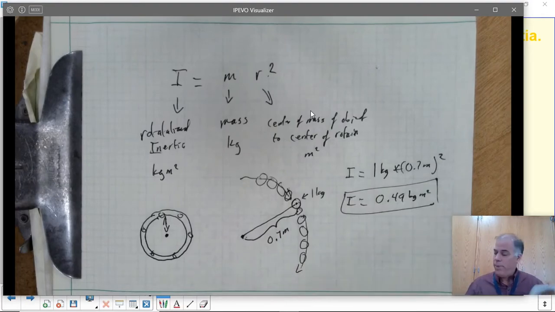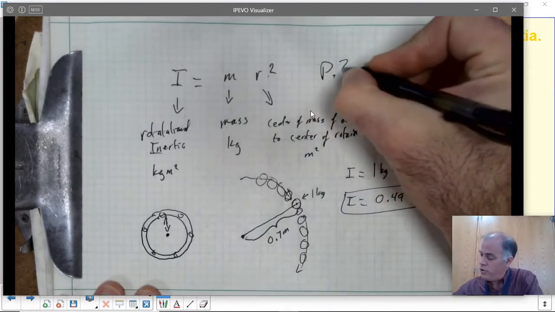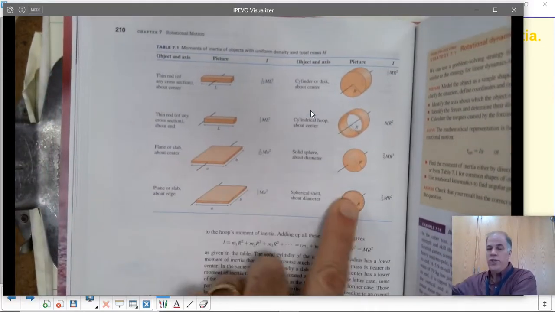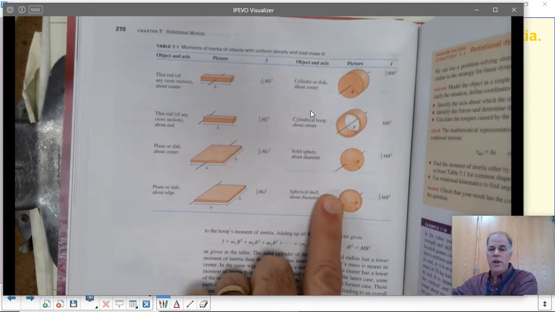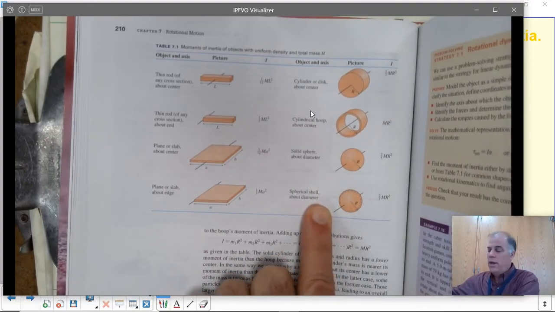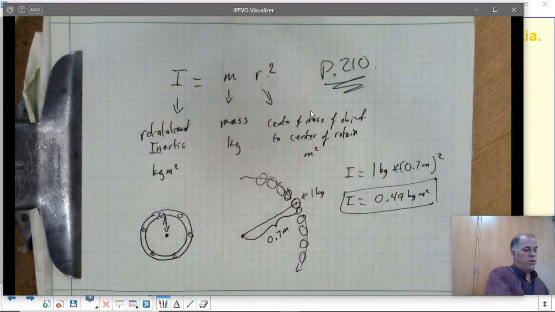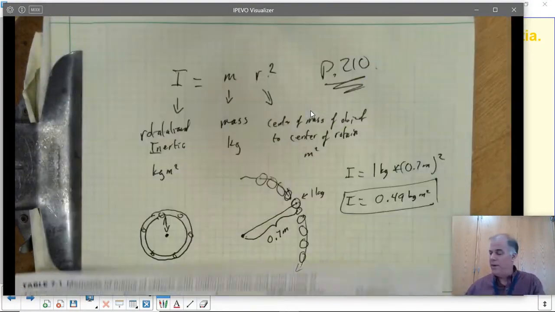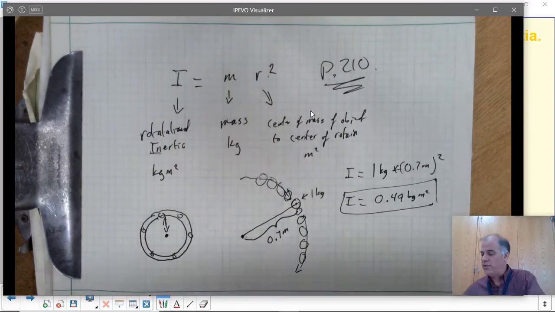All right, now on page 210, there is a table of different shapes and the equations that go with those shapes. I'm going to use this one here because it's a little larger and I think it'll be easier to see on the camera, but page 210, you have access to this thing.